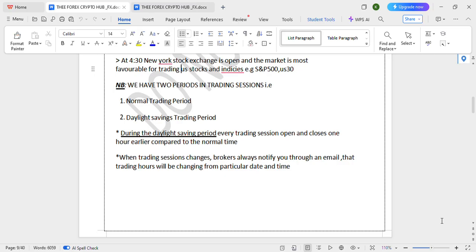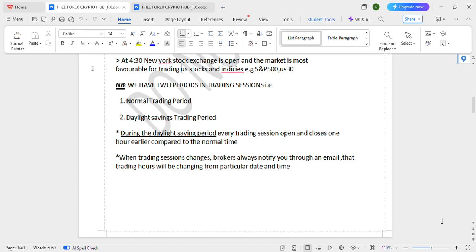In most cases, the daylight savings trading period runs from March to September, and the normal trading period runs from September to March the following year. But for the specific time and date, we don't know that, but brokers always notify us.